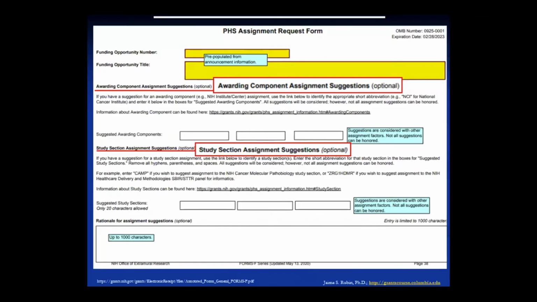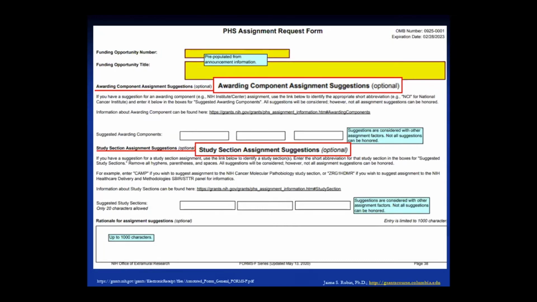So the first part is the awarding component. So what institute? Heart, lung, and blood, general medical sciences, aging, and so forth. And then what study section? So do your homework, look up the different study sections and what their purview is. Look up who's serving on the study section.